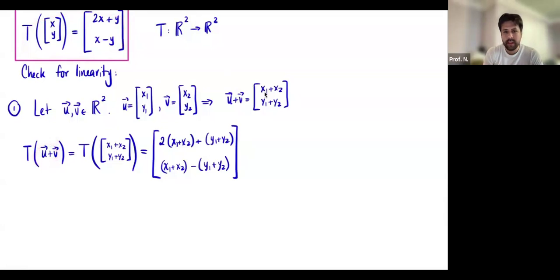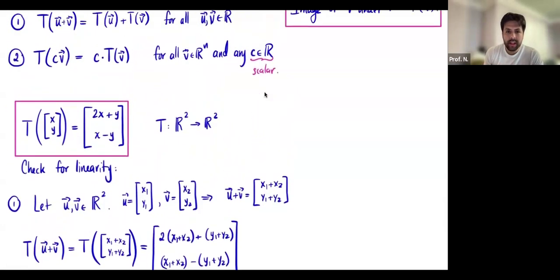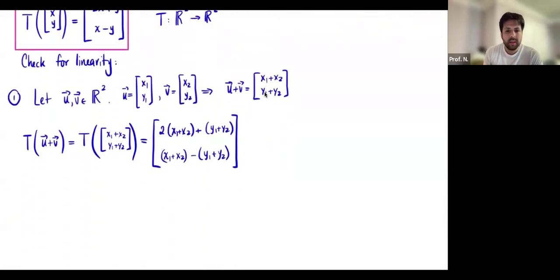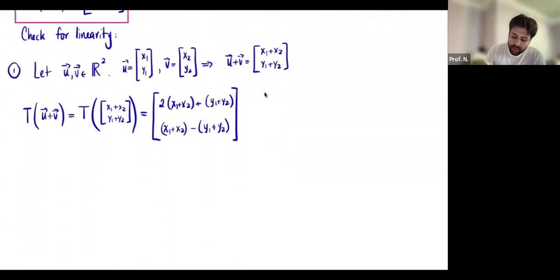But I want to show whether or not it equals the sum of these individually. So then I can distribute the 2 and I get 2x1 plus 2x2 plus y1 plus y2, and x1 plus x2 minus y1 minus y2.